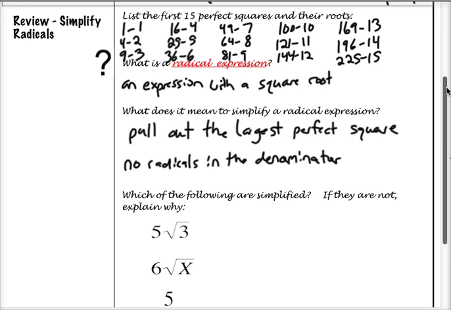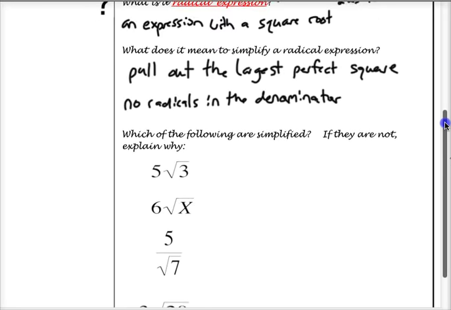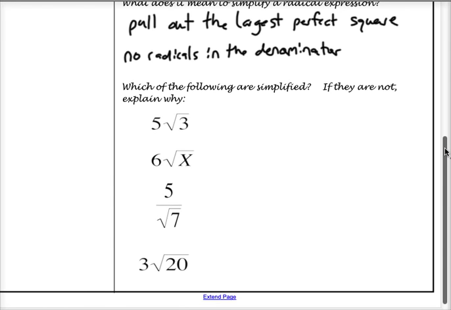All right, so now just to make sure that we know what we're talking about, here's a list of some expressions, and we want to know which ones are simplified and which ones are not simplified. So 5 square roots of 3, this first one. Well, looking at it, there's no perfect square that divides out of 3, and there's no radical in the denominator.